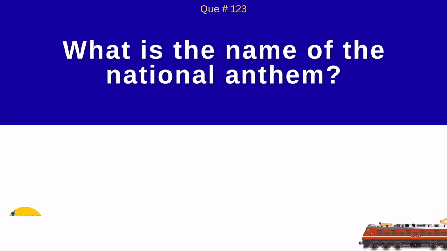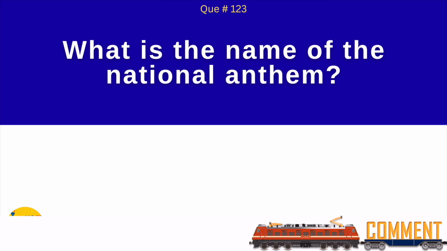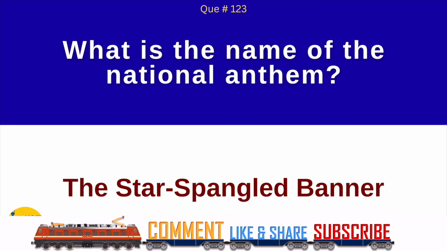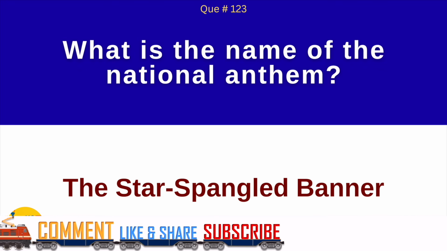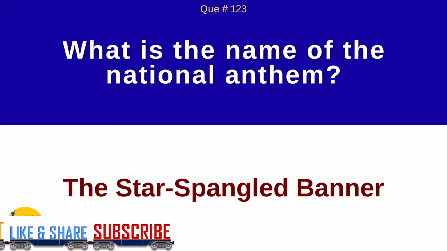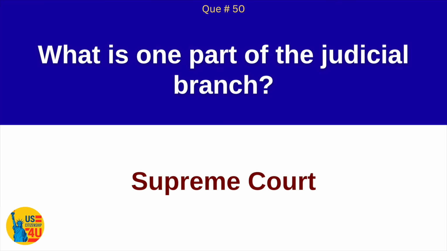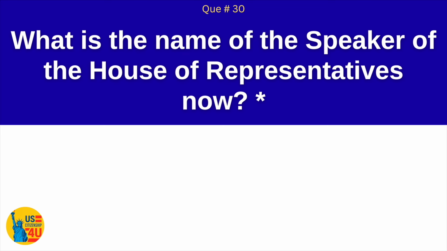What is the name of the national anthem? The Star-Spangled Banner. What is one part of the judicial branch? Supreme Court. What is the name of the Speaker of the House of Representatives now?